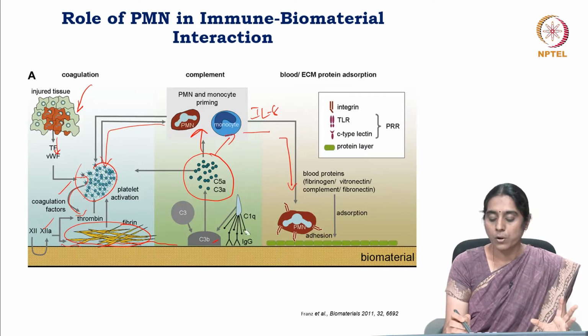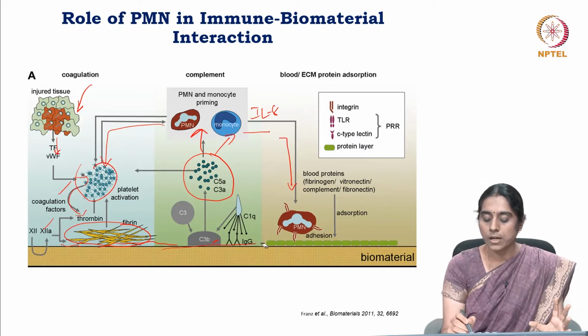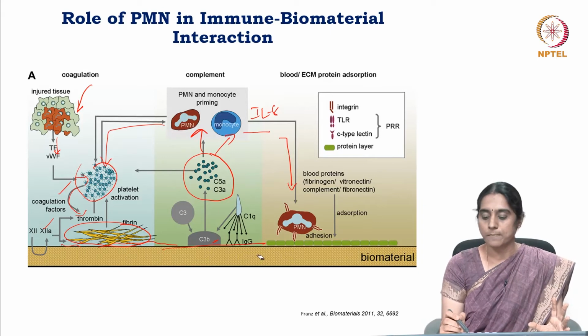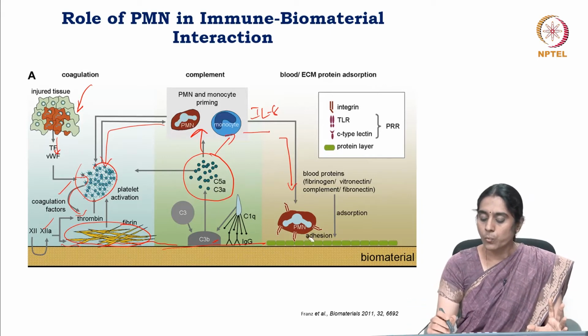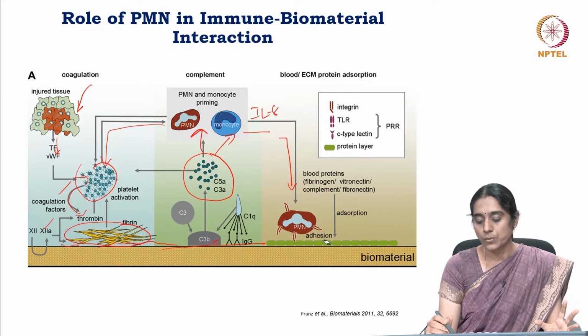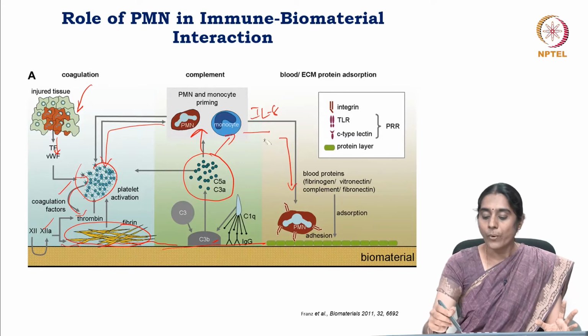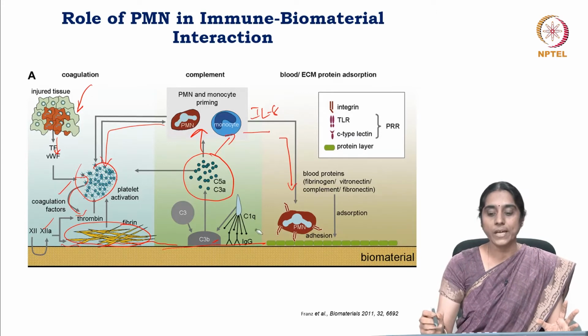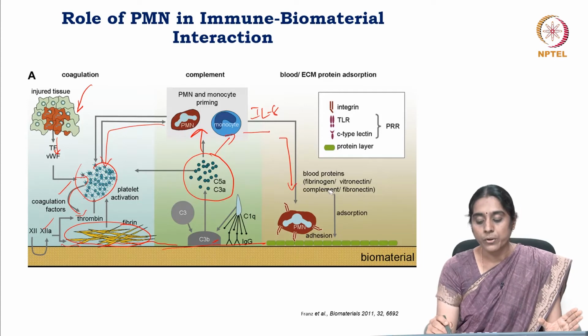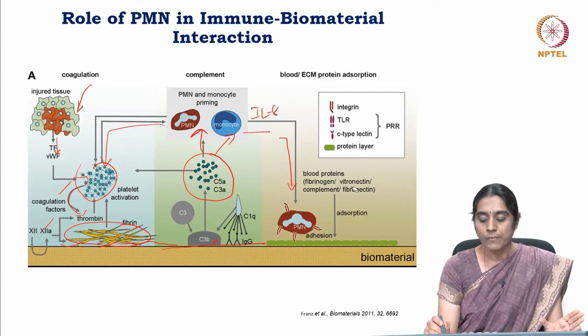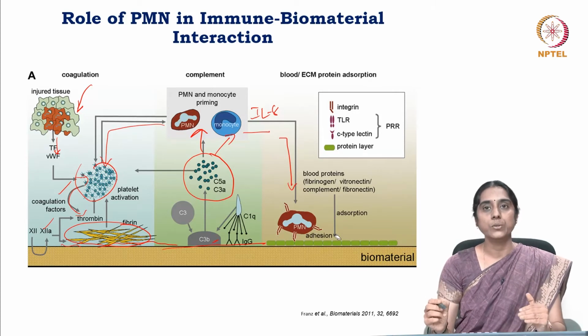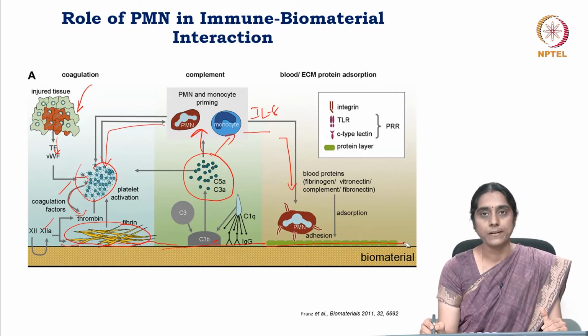The complex formed is adhered on the biomaterial. So, once the addition of the neutrophils happens, various other proteins like fibrinogen, vitronectin, and fibronectin also adhere to the surface of the biomaterial.